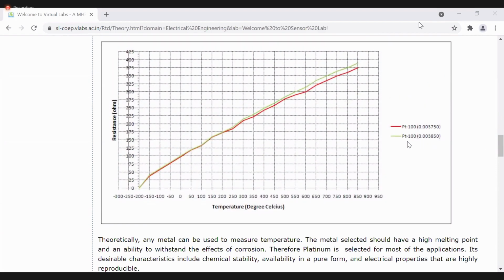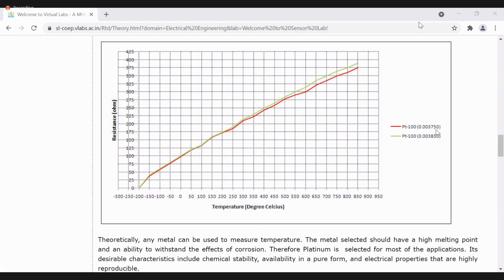Beside the graph we can see the red line is PT 100 and the green line is PT 100. So PT means platinum. But within the brackets we have different values. These values are alpha or A. So the red line is the first RTD, the green line is the second RTD.